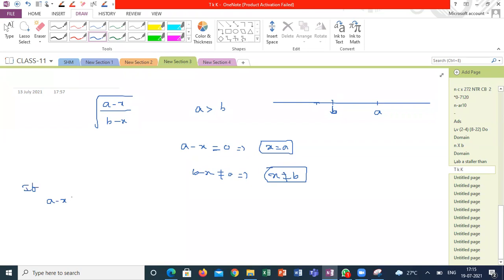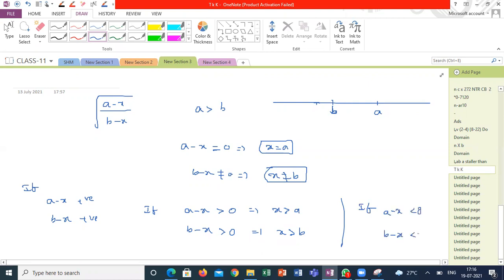If A minus X is positive, B minus X is also positive. That means if A minus X is greater than 0, B minus X also should be greater than 0. So X is less than A, and X must be less than B also. And if A minus X is less than 0, B minus X is also less than 0.